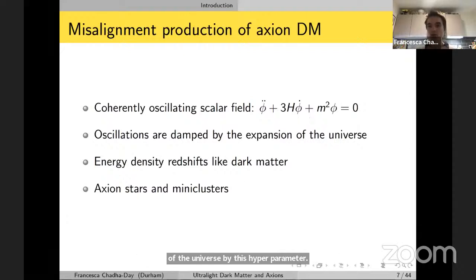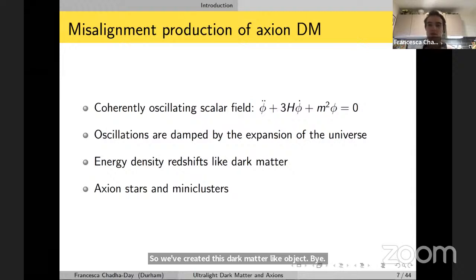Now, when you work out what happens to the energy density as this field undergoes damped oscillations, you find that the energy density redshifts like dark matter. So we've created this dark matter-like object via a production mechanism as the mass of the axion was generated.